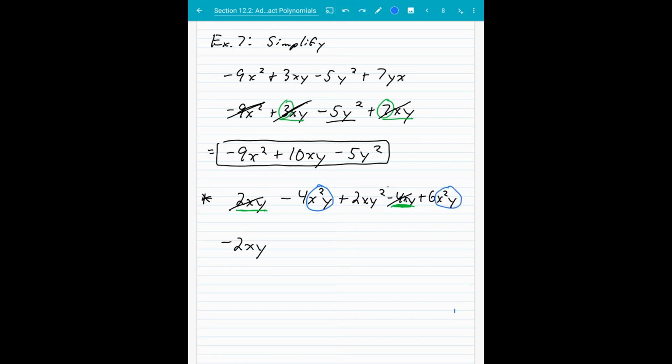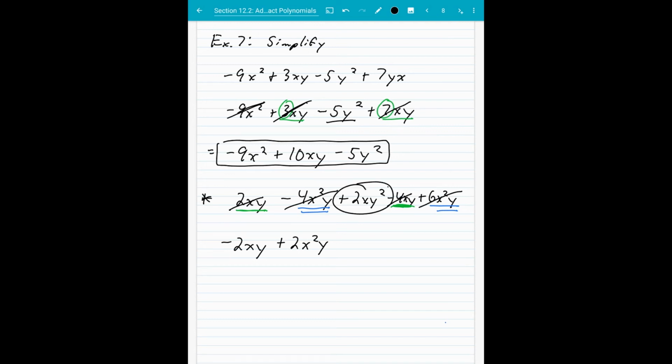Oh, this one, x squared y. They both have the same exact variables. So we can combine those two and underline them. Negative 4 plus 6 makes plus 2x squared y. Get them out of my field of vision because we already combined them.